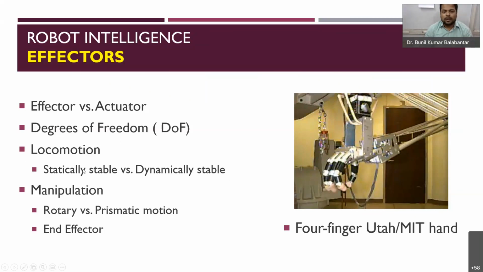Then locomotion: you can think of the scenario where it is a static scenario or it is a dynamic scenario. Then manipulations: we can go for rotary, or we can go for prismatic motion, we can go for end effectors.